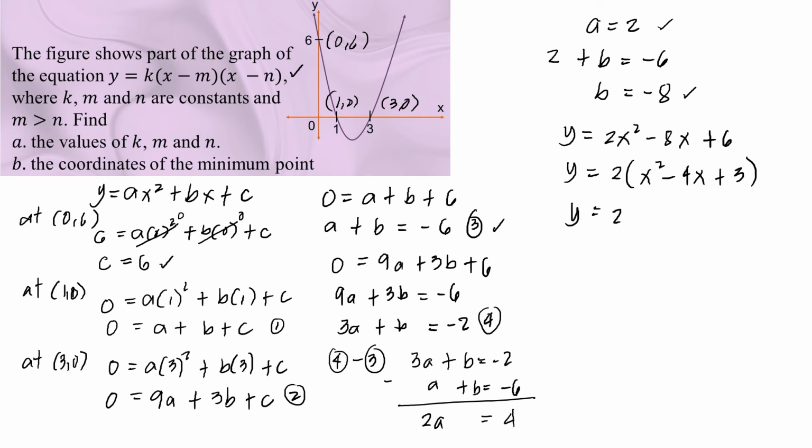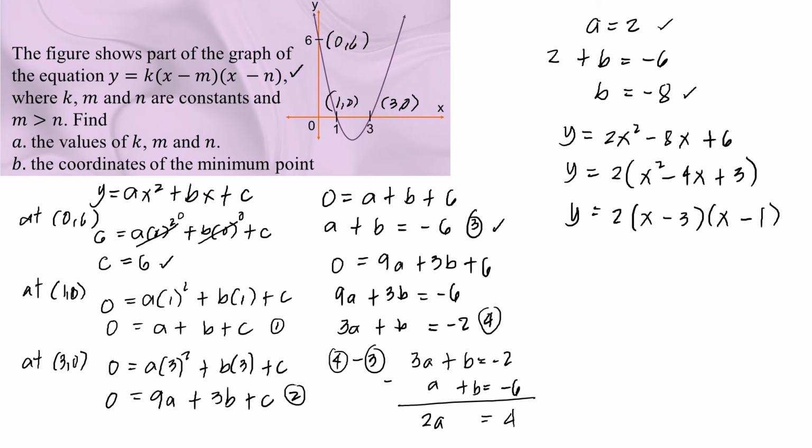So, we have 2 times the factors of x squared minus 4x plus 3. These are two binomials with x as first term. Then, we have two numbers whose product is 3. And when we add these two numbers, the sum is negative 4. So, we have x minus 3 times the quantity x minus 1. Now, we have translated the equation in that form.